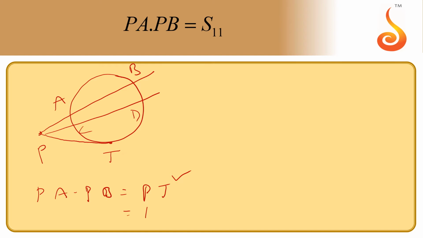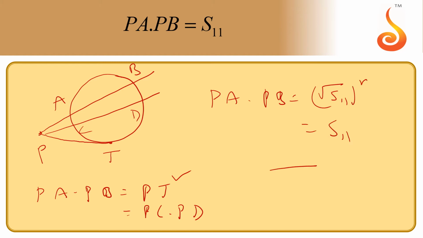This will be equal to PC into PD also. But you know that PT, length of tangent, PA into PB equals PT square, length of tangent is root S11 whole square, which is S11. So PA into PB equal to S11.